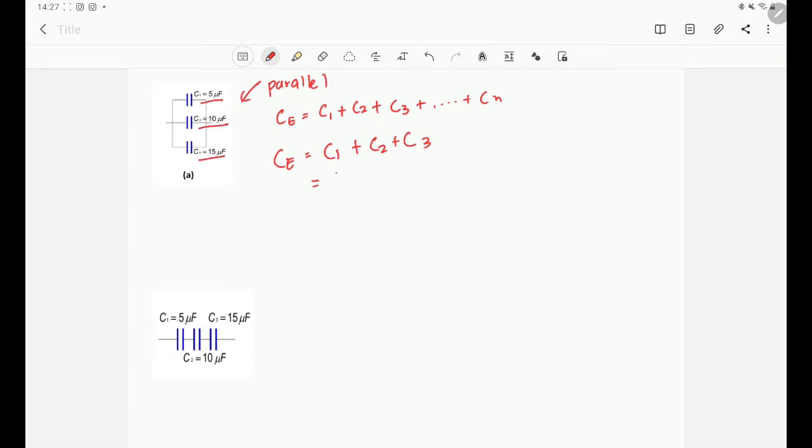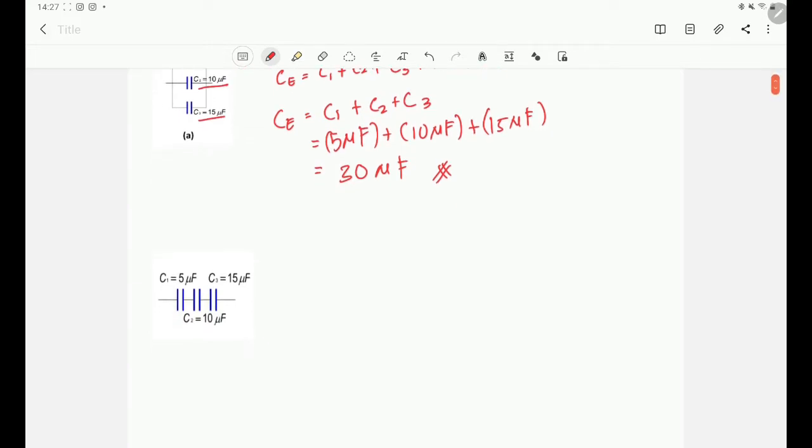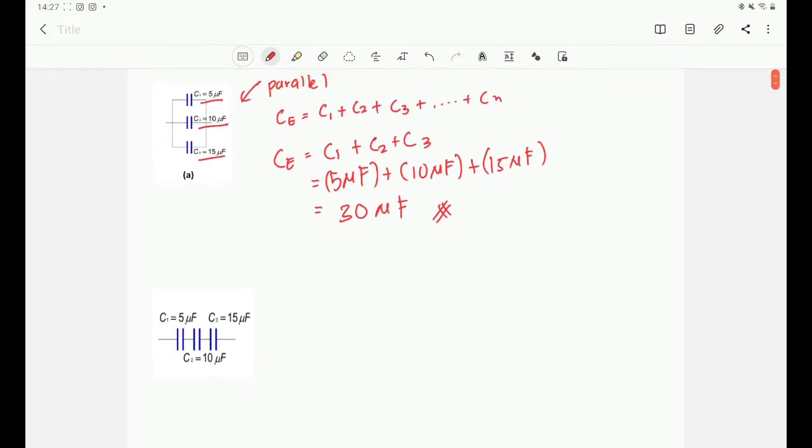Just substitute it: 5 microfarad plus 10 microfarad plus 15 microfarad. Add together and you get 30 microfarad. Wow, fantastic. Alright, get it?